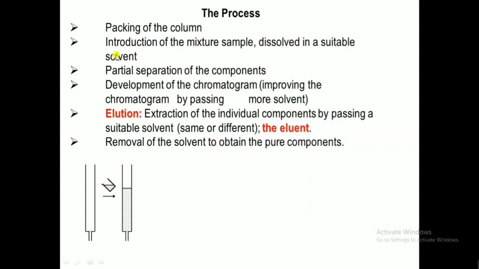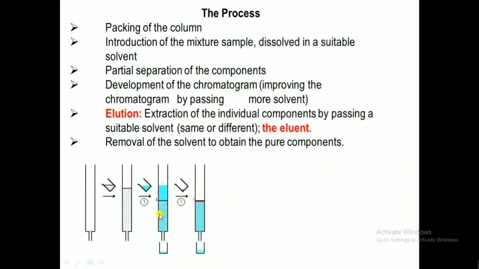After packing the column, we add more solvent and allow it to come out, so that when the solvent moves down, it settles the solid components properly and you get a finely packed column.